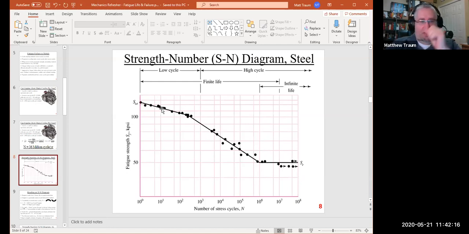So the good news is that you can look up these cycle diagrams, these SN diagrams, for a number of different common materials. But you might in your engineering lives encounter materials that are rare or strange for some reason, in which case you might not be able to find this diagram, and in those situations, well, you've got to do the testing yourself.